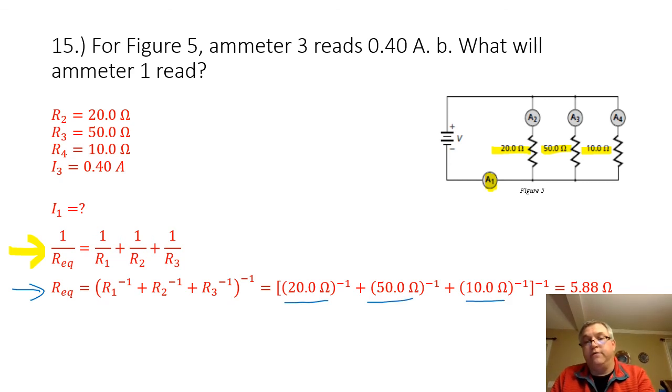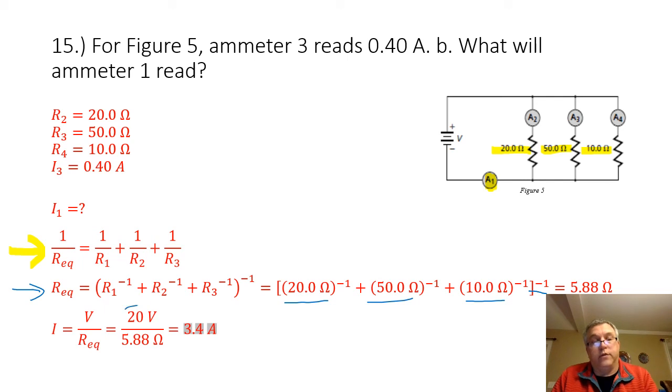We're going to take the inverse of each of those, add those up, and then take the inverse of that sum. And we are going to get an equivalent resistance of 5.88 ohms, just like we did in problem 14. But now when we plug that equivalent resistance into Ohm's law, I now have a different voltage. So now my voltage is 20 volts, and I divide that by 5.88 ohms. I'm going to get a current of 3.4 amps.